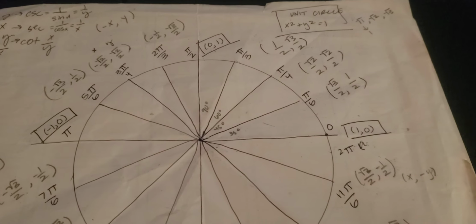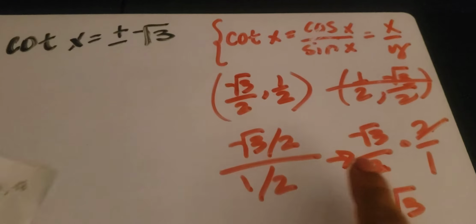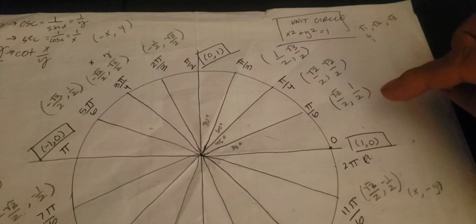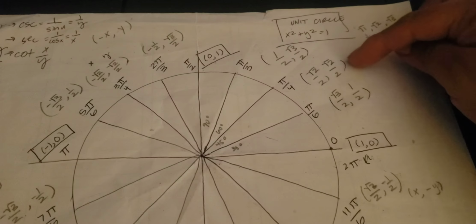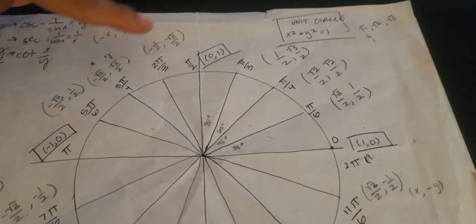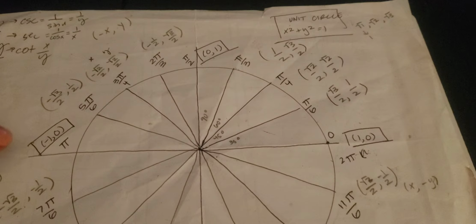If I graph my unit circle, this is the point we want to work with, square root of 3 over 2 and 1/2. That will happen at pi over 6. We don't want these other points. Then it's going to happen again at 5 pi over 6, and it can keep going.